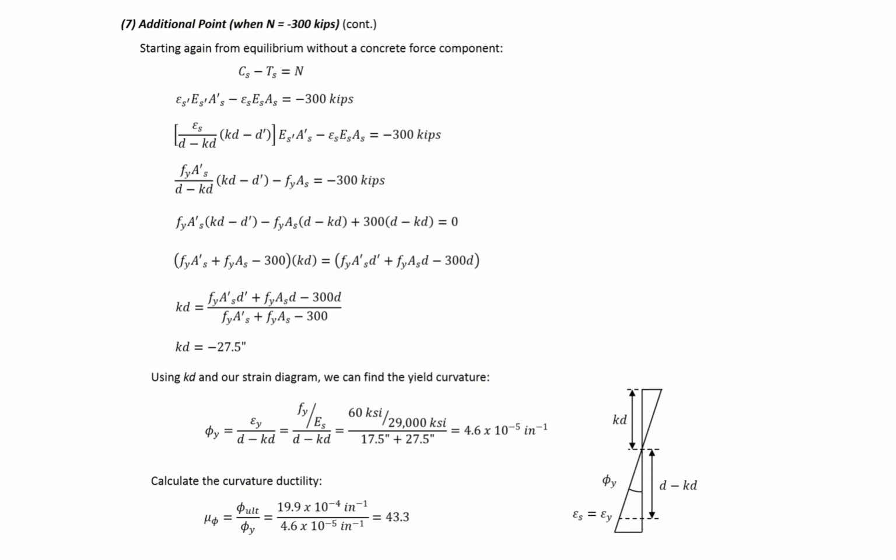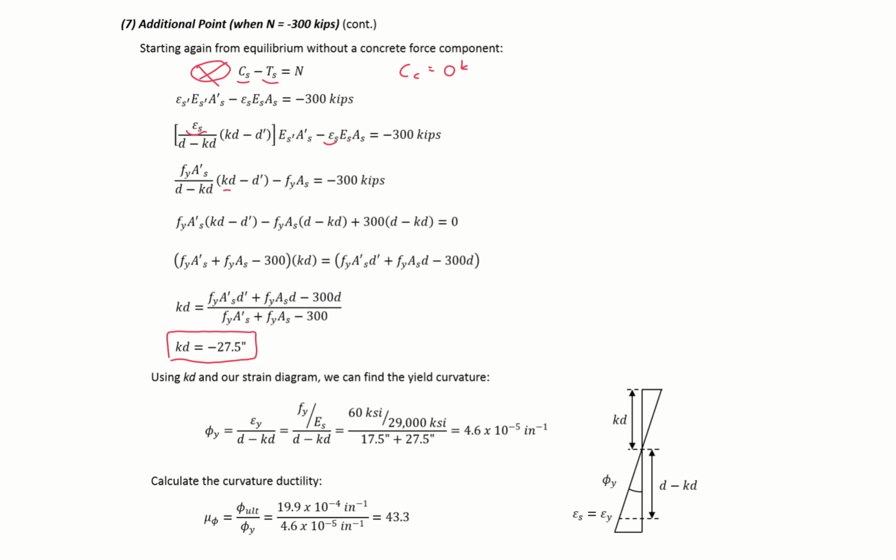On this slide, we take out our compression force component. So we just have our top steel and bottom steel in our equilibrium expression. And this is because our compression component is equal to 0 because the entire section is in tension. So we can do the same thing as we did before, put everything in terms of epsilon s, and then put everything in terms of KD. And if we solve for KD, we'll get our KD to be equal to negative 27.5 inches.